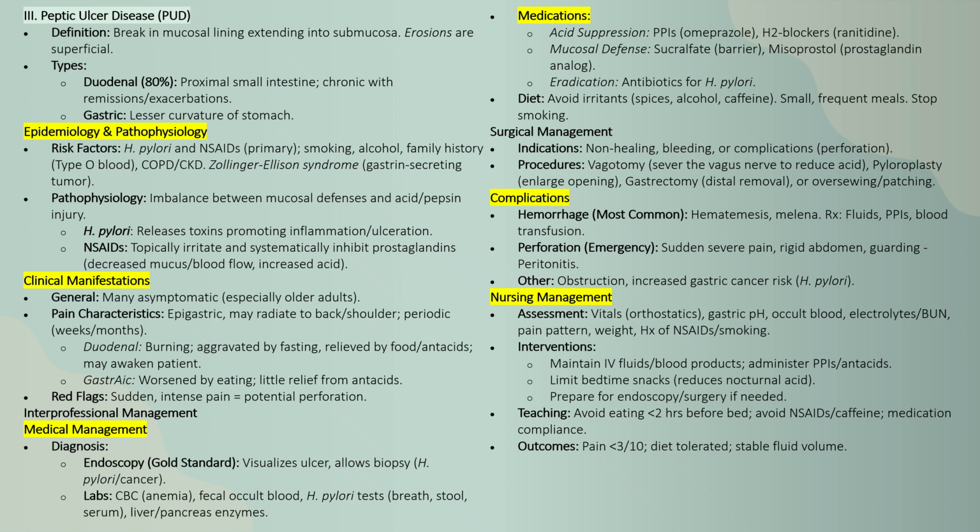Other contributing factors are familial tendencies linked to intrafamilial H. pylori infection, medical conditions like COPD, chronic renal failure, excessive cigarette smoking and alcohol ingestion. Rare cases, we have Zollinger-Ellison syndrome, where a tumor secretes gastrin, causing profound acid secretion.